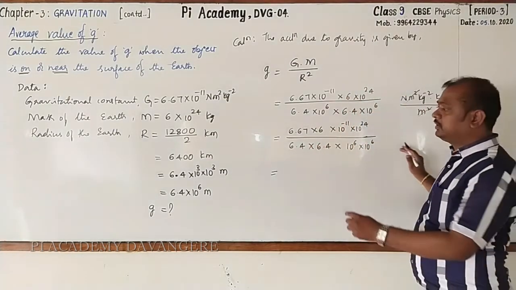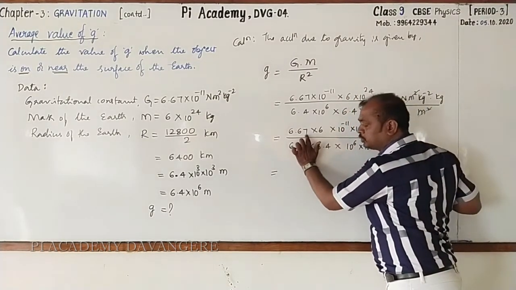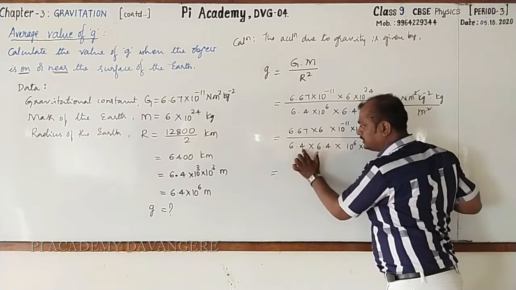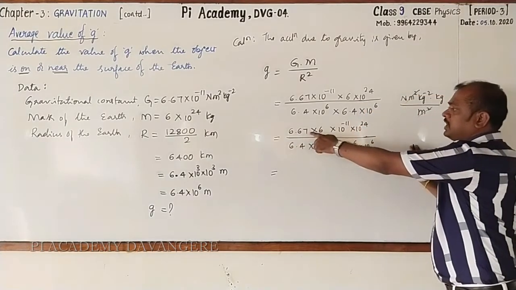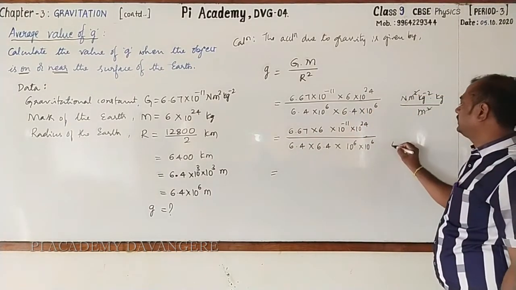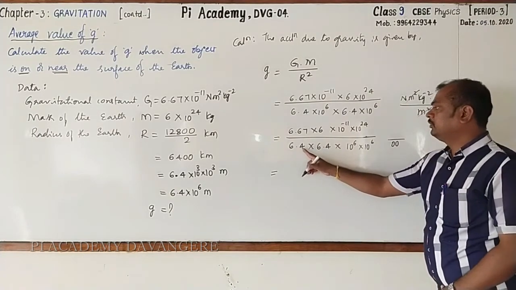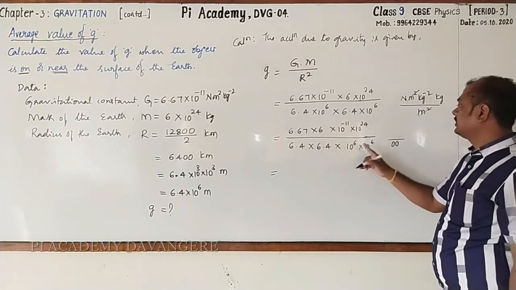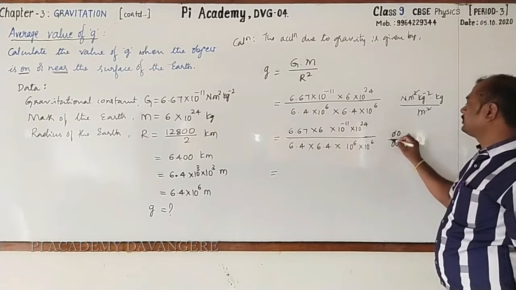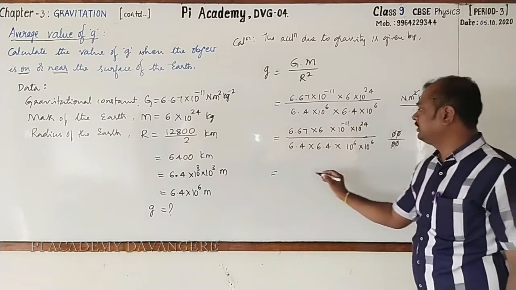See that in the numerator after decimal we have 2 digits, and in the denominator 1 digit and 1 digit, total 2 digits. So we can take 2 zeros on the numerator and denominator. Both get cancelled.